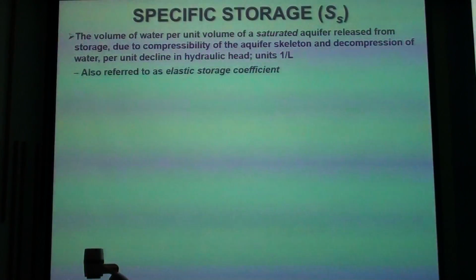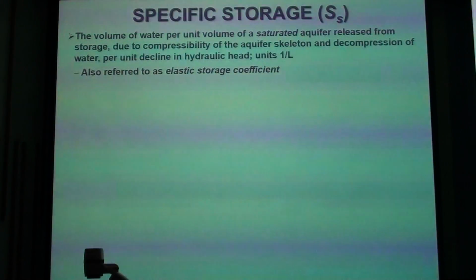So you drop the hydraulic head within that a metre, and the aquifer, assuming it's a confined one, will slightly shrink, because the pore water pressure has been taken off it, so it'll compress very slightly. That compression forces water out. You also decompress the water slightly when you disturb it, pop, and it helps force itself out as well. It's also, for obvious reasons, called elastic storage, because you're disturbing the aquifer.